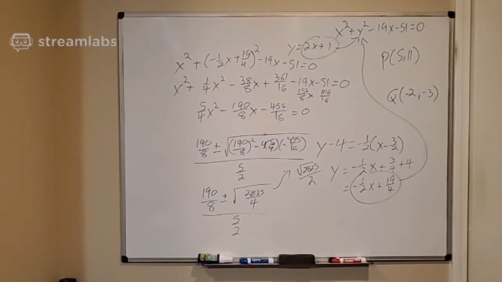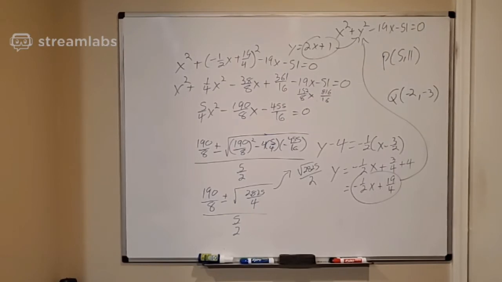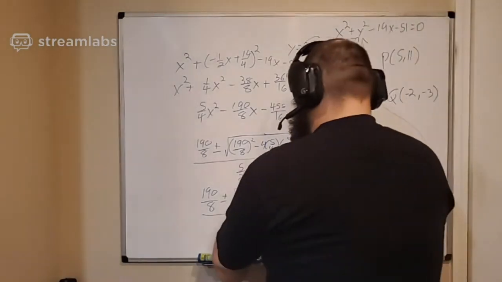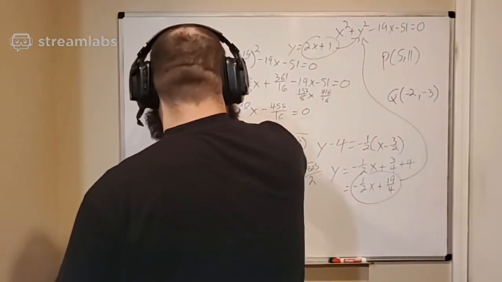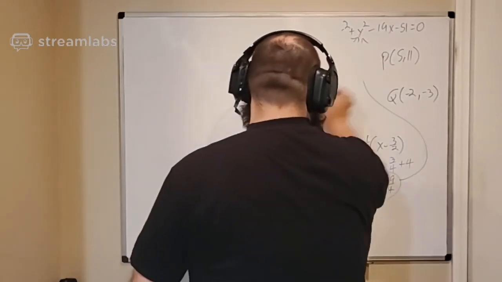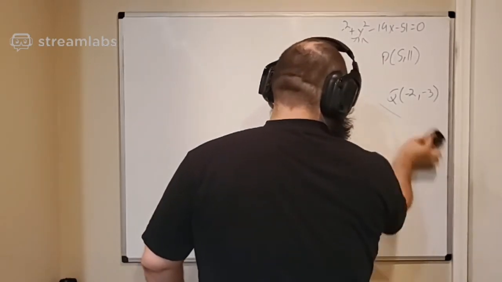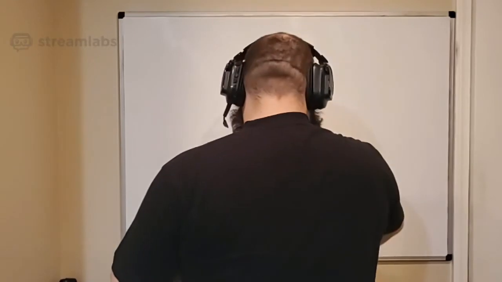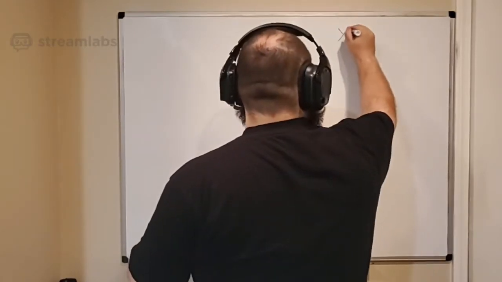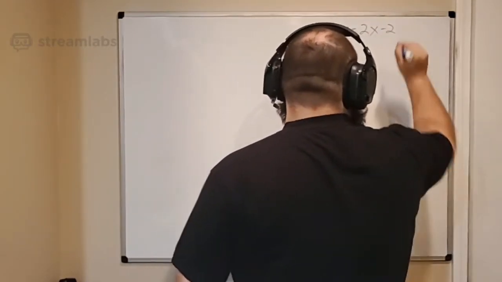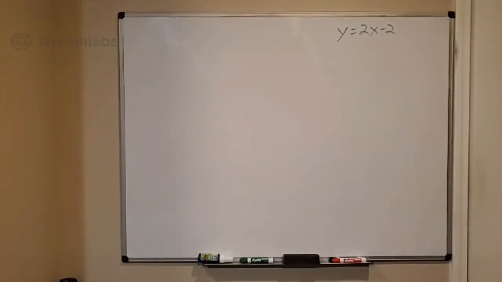So the first thing is I need the answer for the perpendicular bisector, so 2x minus 2. We know our perpendicular bisector from part A, that I'm assuming everybody did, because the perpendicular bisector part's pretty easy, is 2x minus 2.